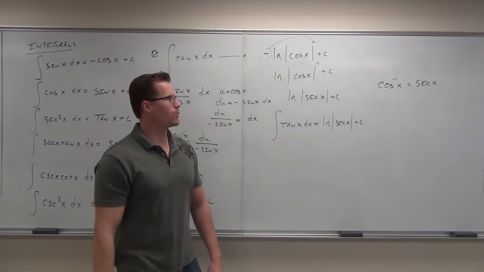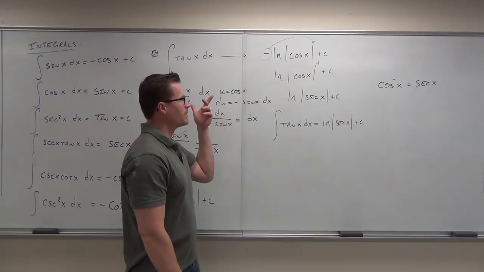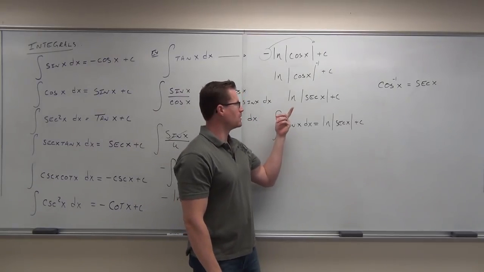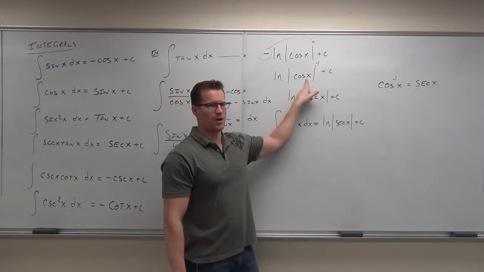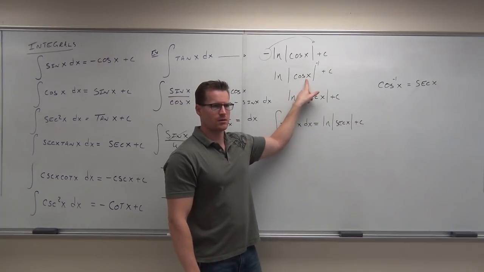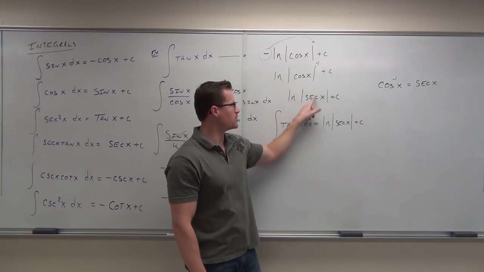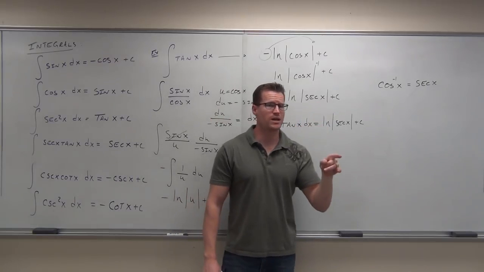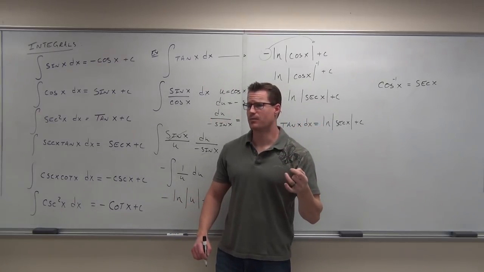Some people out there might be wondering, wait a second, isn't this a problem? Because if I plug in pi over 2, that's 0. Are you with me? You should know your trig, right? If I plug in pi over 2, you get 0. So wouldn't this be 1 over 0? Isn't that undefined? And the answer is, yeah, it would be, until you consider where this is coming from.